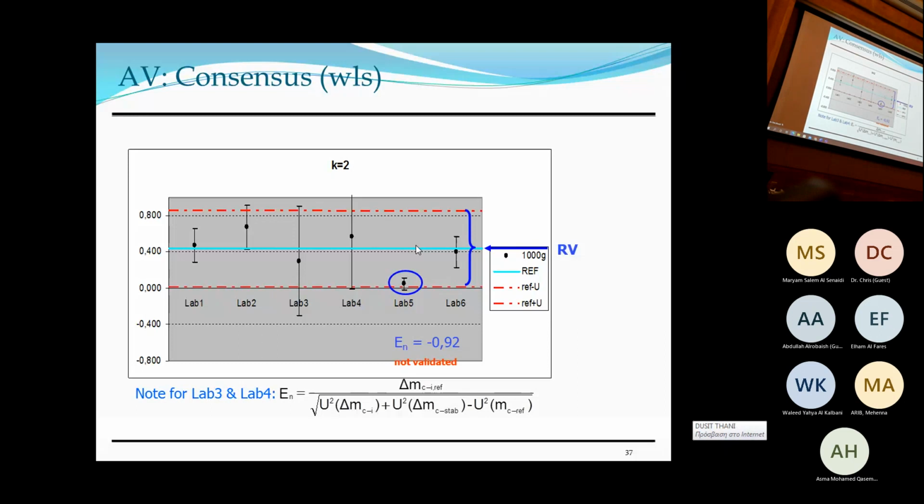Again, because of the correlation. What do we mean by correlation? We mean that these 2 values were used already to calculate the reference value, so we have to account for this. That's why we don't add it, we subtract it. They're anti-correlated, actually.